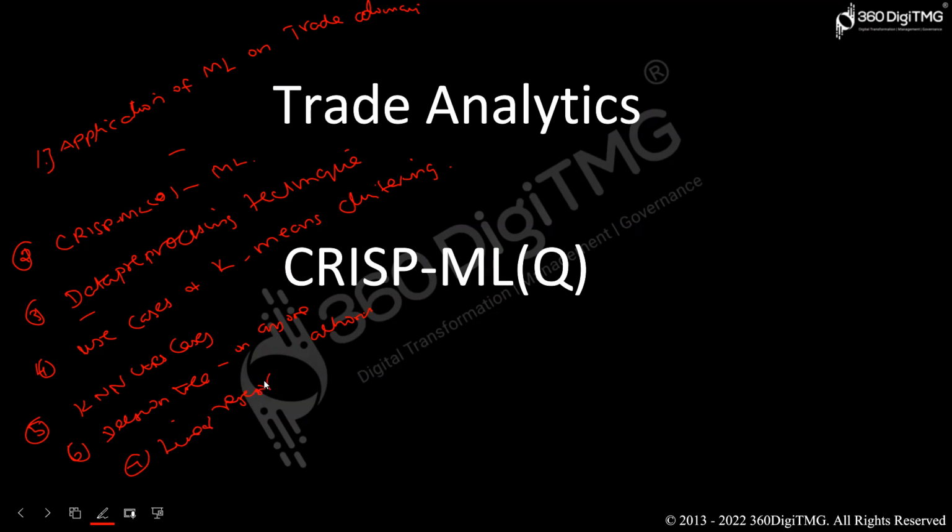K-means is unsupervised machine learning, KNN is supervised machine learning, decision tree is supervised machine learning, and linear regression is supervised machine learning. Day 8, we are going to discuss MLP concepts, multi-layer perceptron, neural network. We are going to work with the neural network.